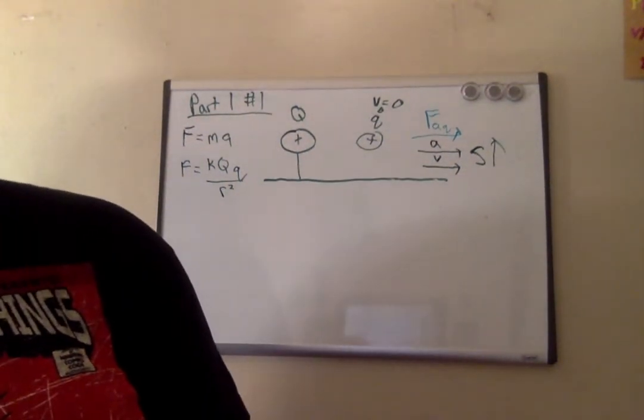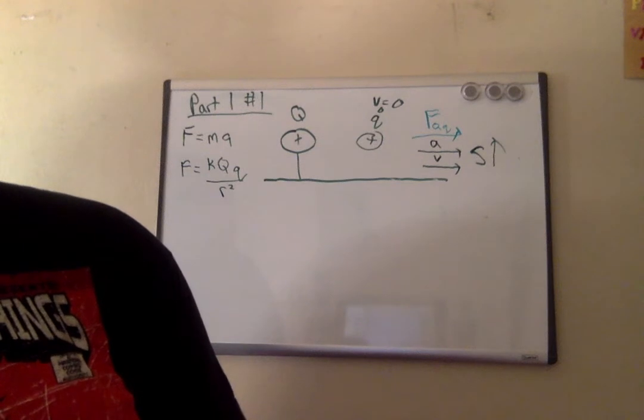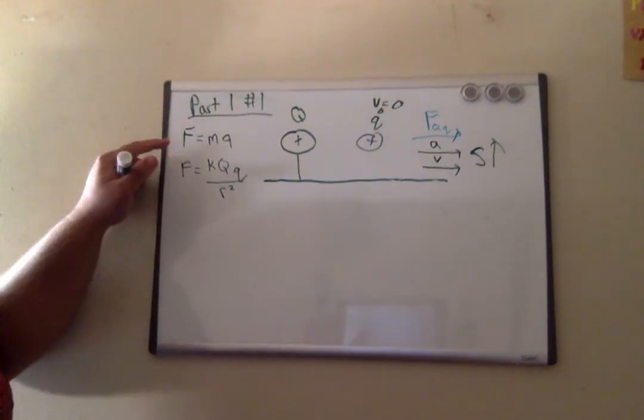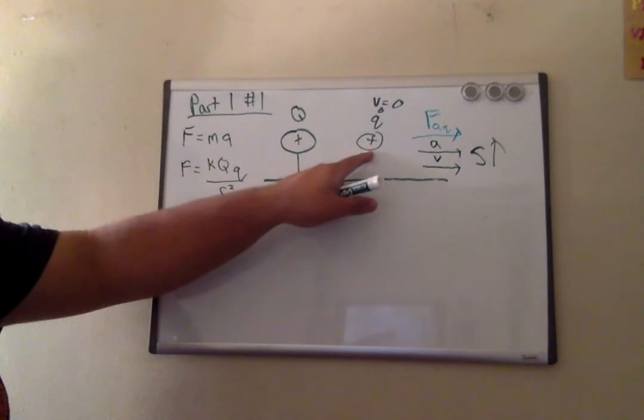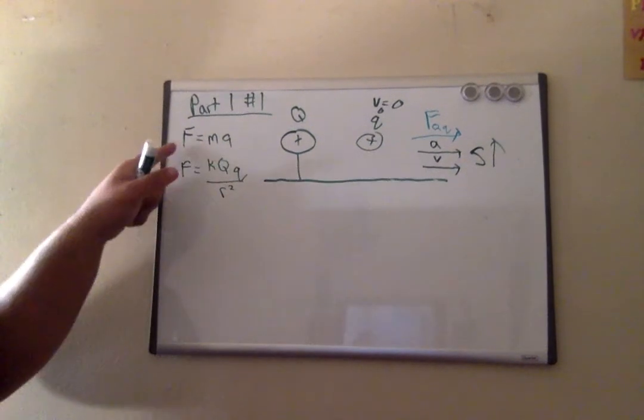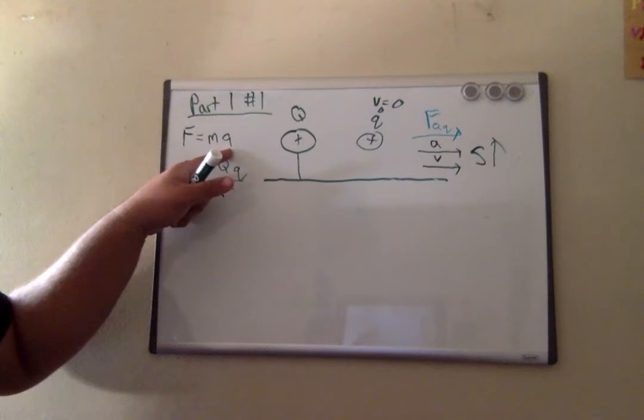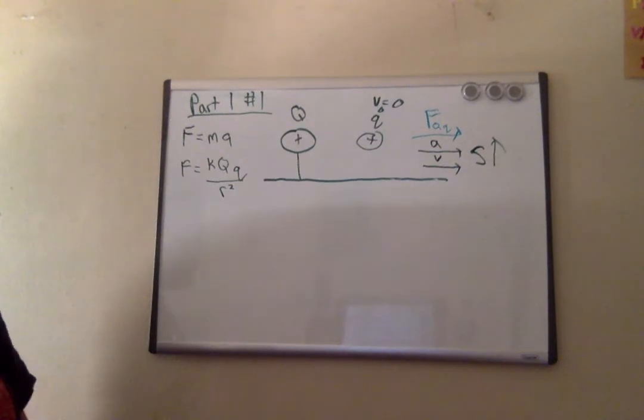B, its acceleration is 0 just after its release. No, that's not true, because once it's released here, there's going to be a force that pushes it that way, which will give it an initial acceleration.